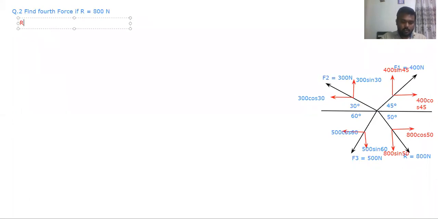So first we write here Rx is equal to 800 cos 50, and Ry is equal to, what will it be, Ry is equal to 800 sin 50.